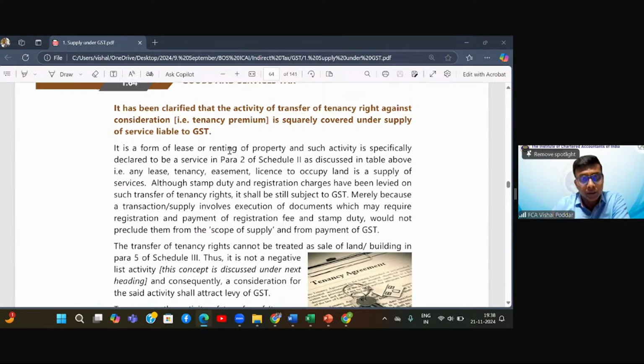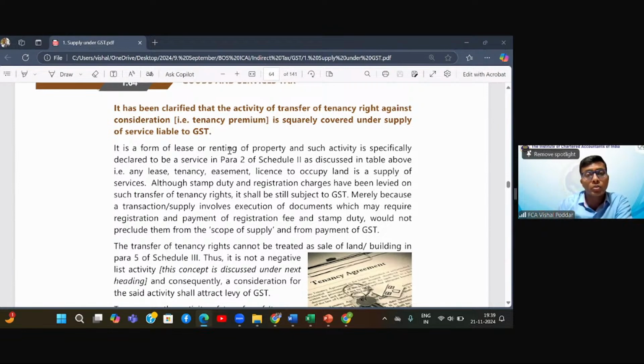In fact, the entire industry is different, with different conditions and restrictions. But labor supply is altogether a different sector. In case of labor supply, there is only one rate, that is 18%. But works contract may be of road, building, or any type of plant.